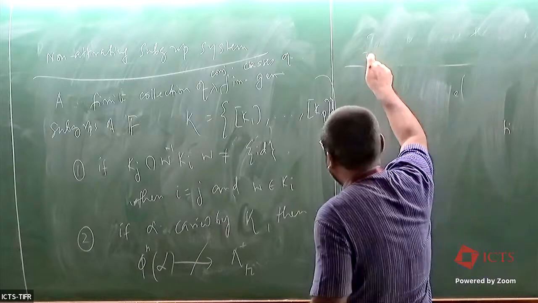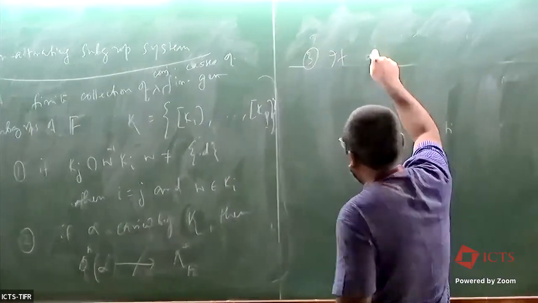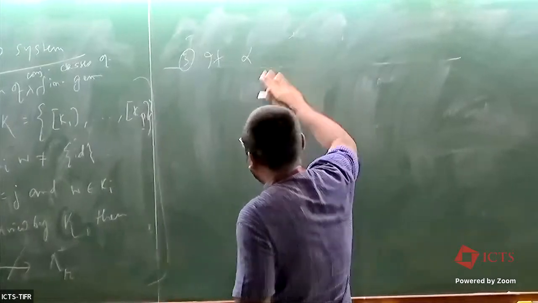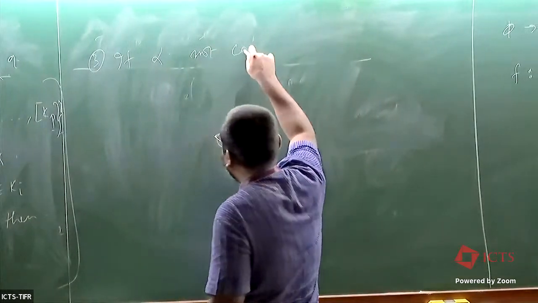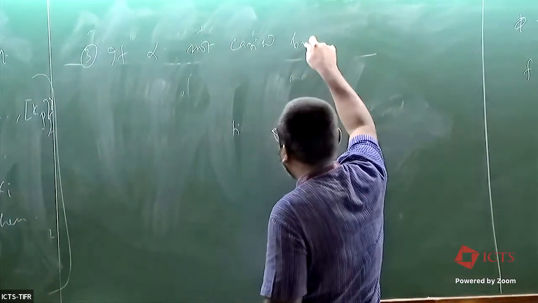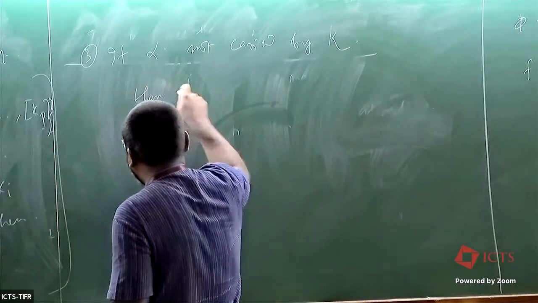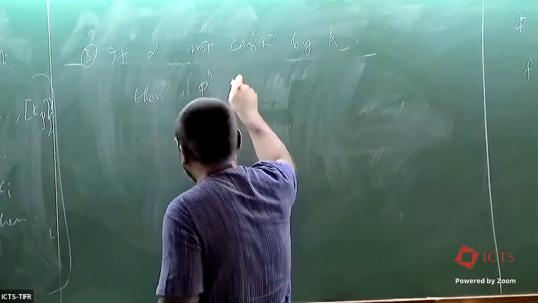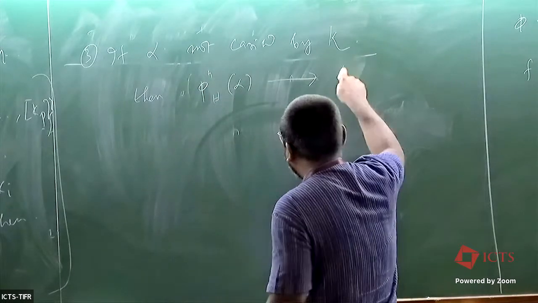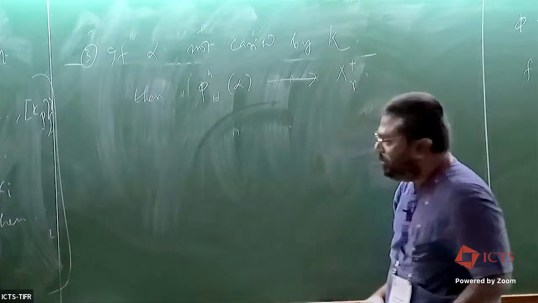And the third property is that if alpha is not carried by K, then phi to the power alpha converges to alpha.